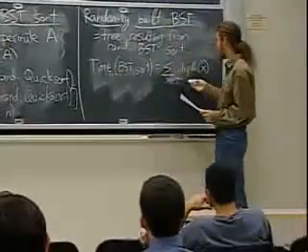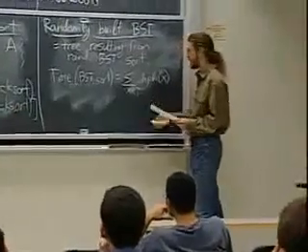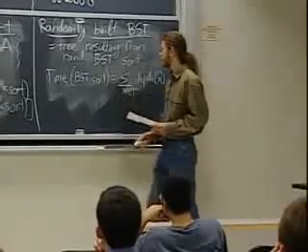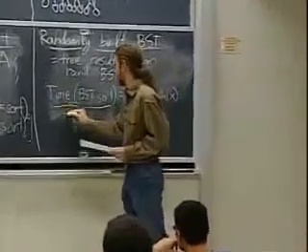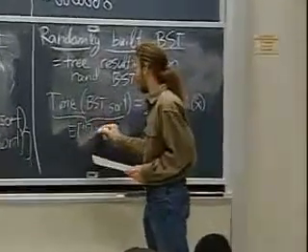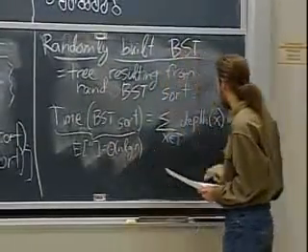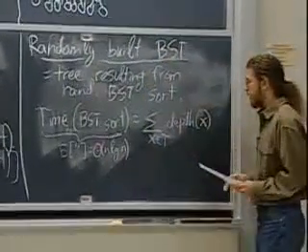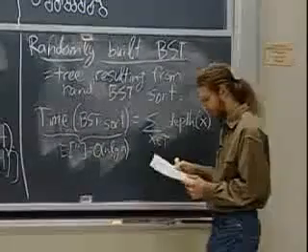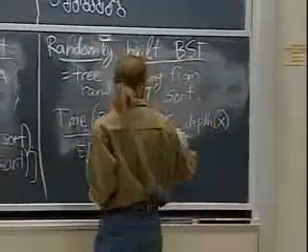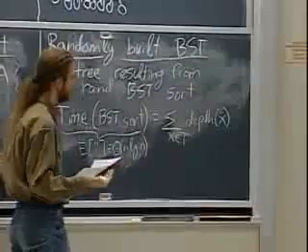So if we take expectation of both sides, here we get n log n. So the expected value of that is n log n. So over here, we get the expected total depth, which is not so exciting.